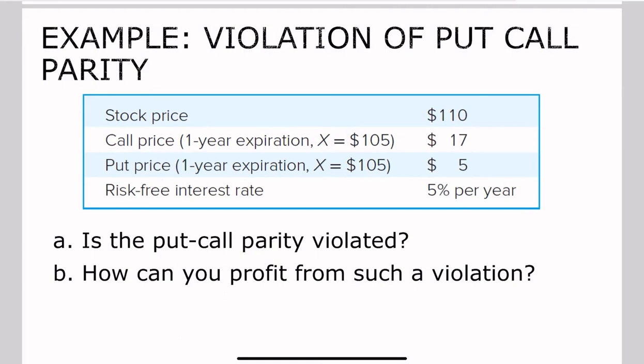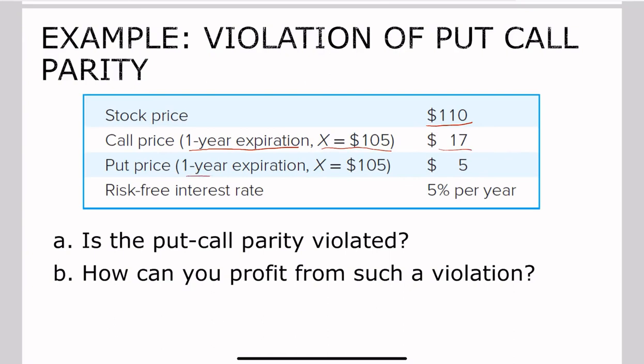Okay, let's look at these numbers. So first, we have a stock price which is 110, and next we have a call price. This call has a 1 year expiration and its strike price is 105 and its price is 17. And we have a put.